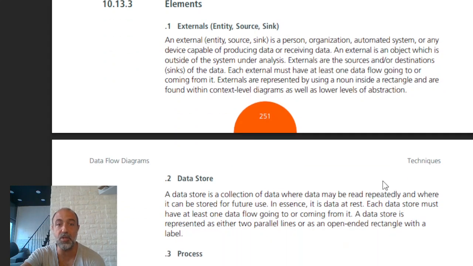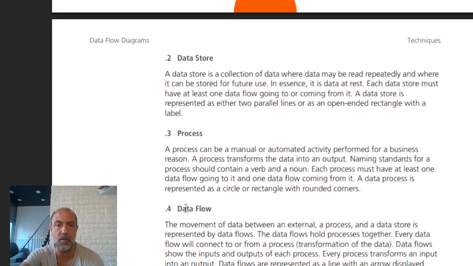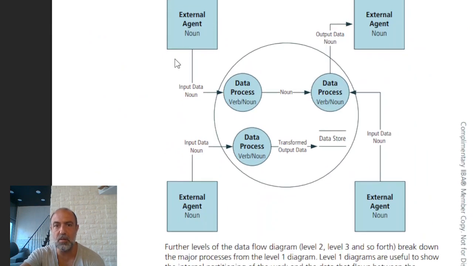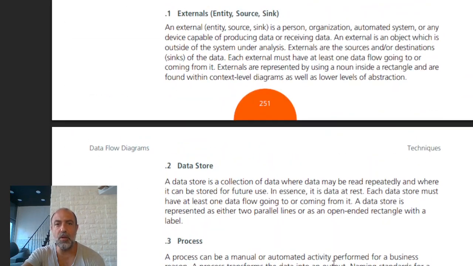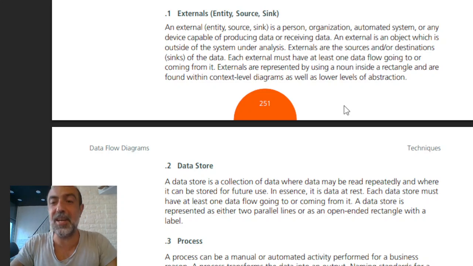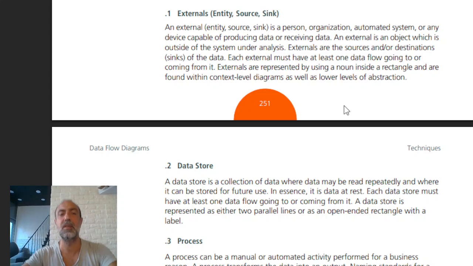And what are the elements? Externals, data store, process, data flow. You get it? Externals, flow, process, flow, right? So what are the externals? Entity source sink. An external entity source sink is a person, organization, automated system, or any device capable of producing data or receiving data. An external is an object which is outside of the system under analysis.